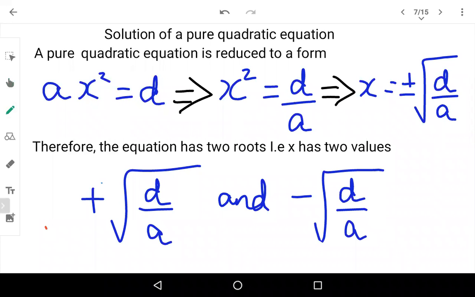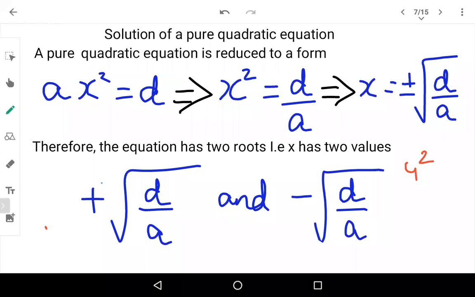Let's take an example. Let us find 4 square. What is the value of 4 square? Can anybody tell me the value of 4 square? 16. Good.